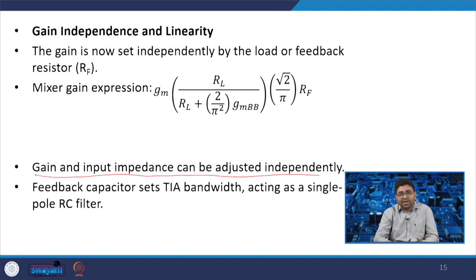So, if we are able to design a configuration which can separate the load input impedance and the gain, this feedback capacitor sets the TIA bandwidth, acting as a single pole RC filter. This RC filter will be up converted at the RF frequency.